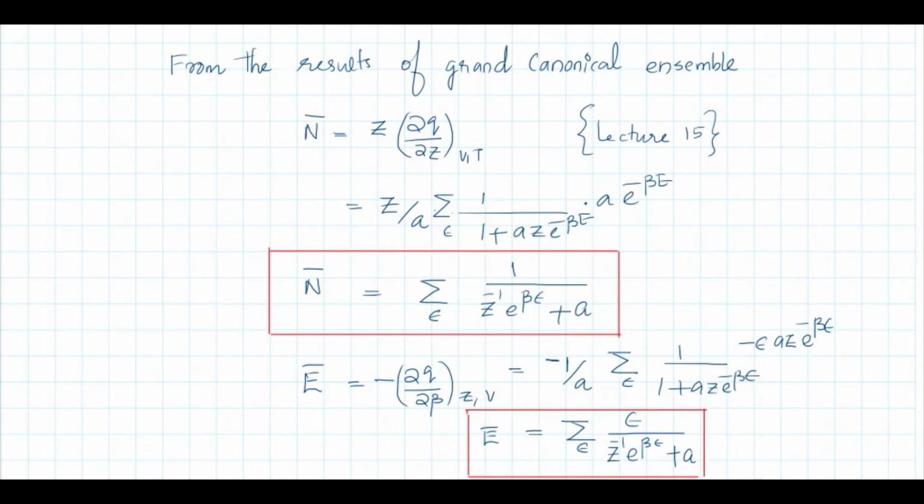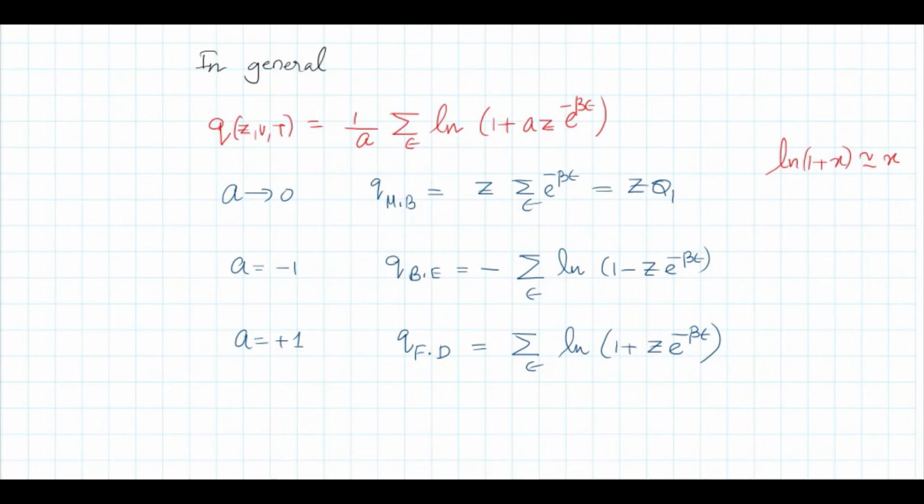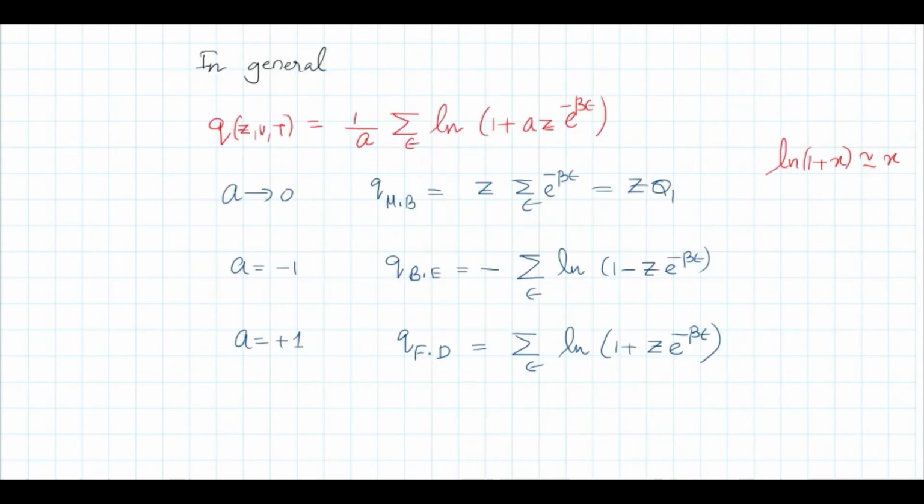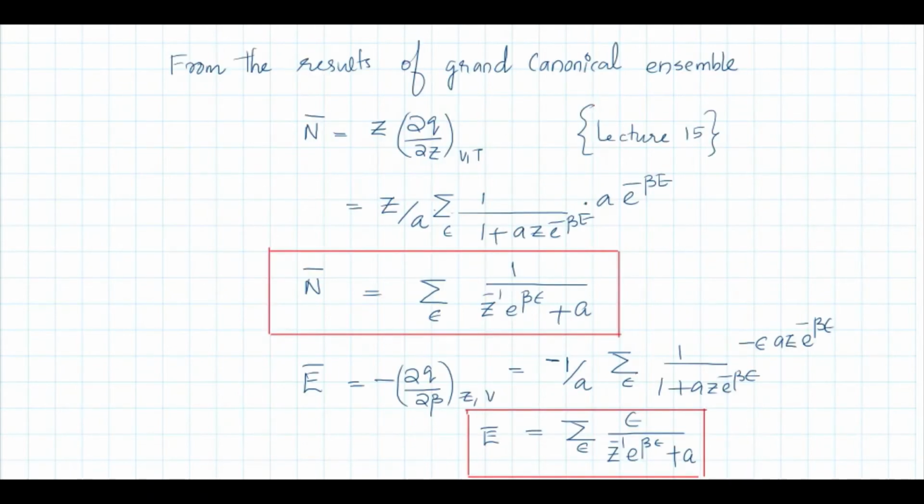From lecture number 15, you can see that the general expression is z dou Q by dou z at constant volume and temperature. So you have a z, then dou by dou z of Q. The expression for Q is 1 by A into this quantity, so 1 by A will come outside. Sigma epsilon. What is the derivative of logarithm? It is simply 1 divided by 1 plus Az e raised to minus beta epsilon.